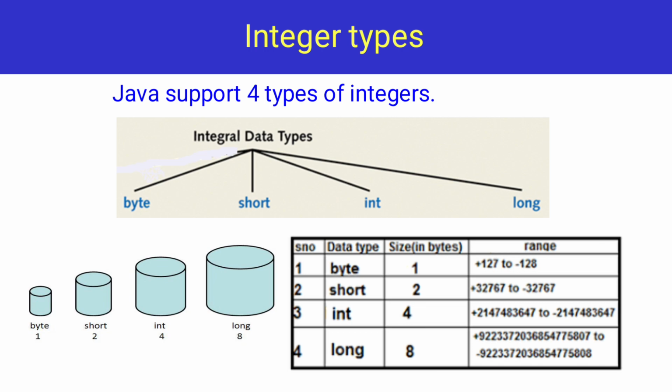Now the next one is the integer data type. Its size is 4 bytes, and the range is minus 2147483648 to plus 2147483647. Long is 8 bytes, and the range is given in the following chart.